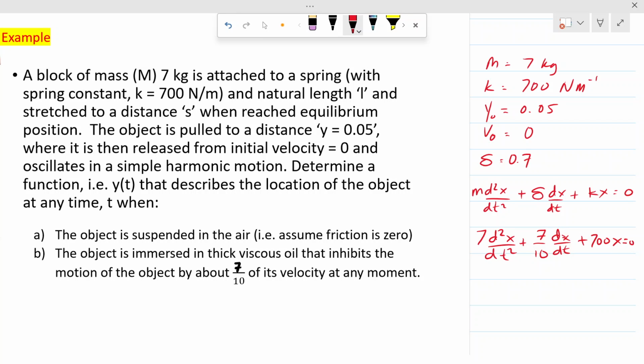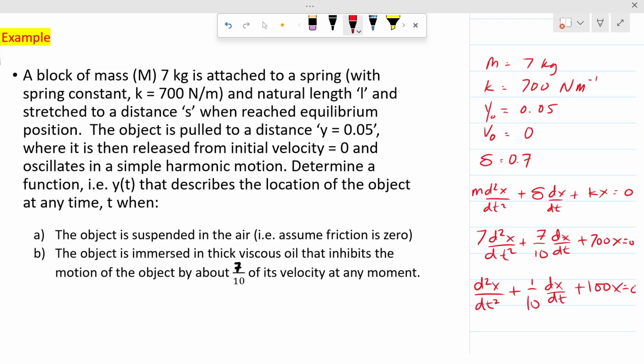So if we divide everything by 7, we get d square x over dt square plus 1/10 dx/dt plus 100 x equals 0.